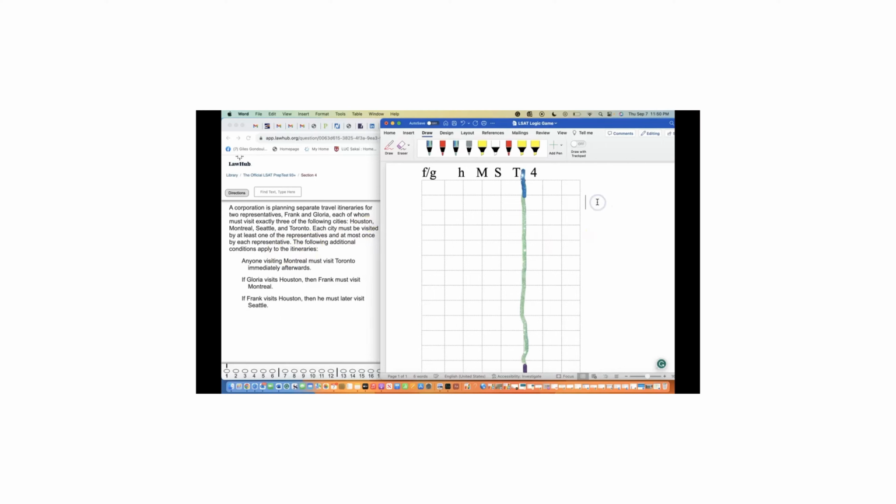So here we're going to put the rules on the right side using logic and symbols for variables. Anyone visiting Montrose must visit Toronto immediately afterwards. If Gloria visits Houston, then Frank visits Montrose.